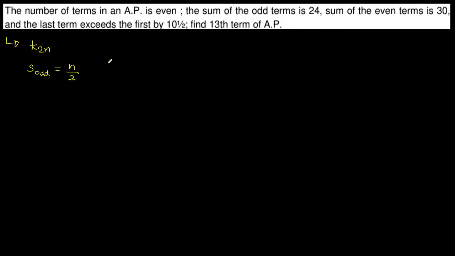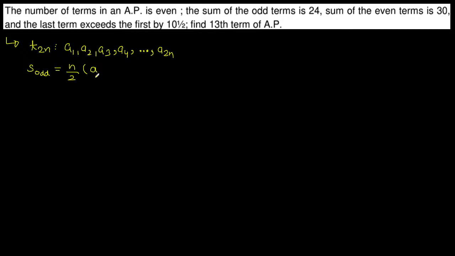In 2n terms, n terms are odd: a1, a2, a3, a4, and so on up to a2n.